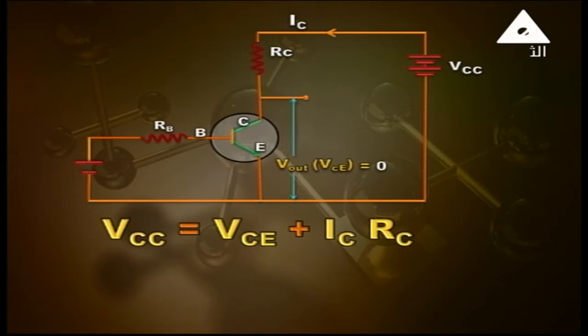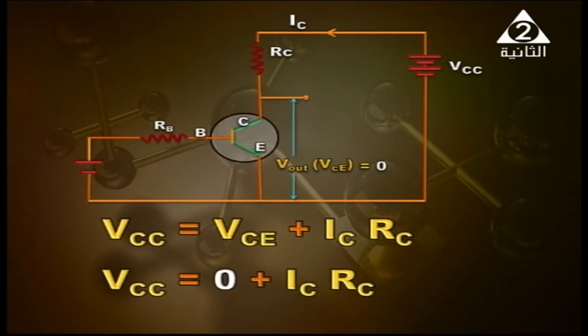And of course, since the sum of V CE plus I C R C is equal to a constant, which is V CC, when I C R C increases, V CE decreases. So in this particular case, V out is equal to 0. V CC in this case is equal to I C R C.